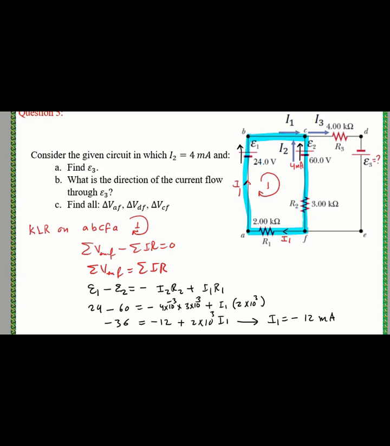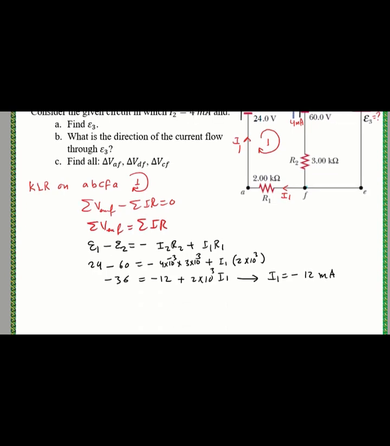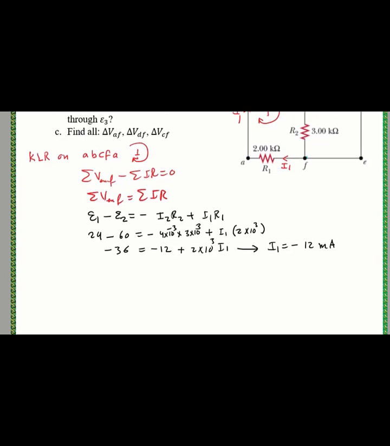Now try to find I3 because I have I2 and I1. Apply Kirchhoff junction rule at C. I1 plus I2 are going into the junction, but I3 is going out from the same junction. So Kirchhoff junction rule at C: sigma I in equals sigma I out.